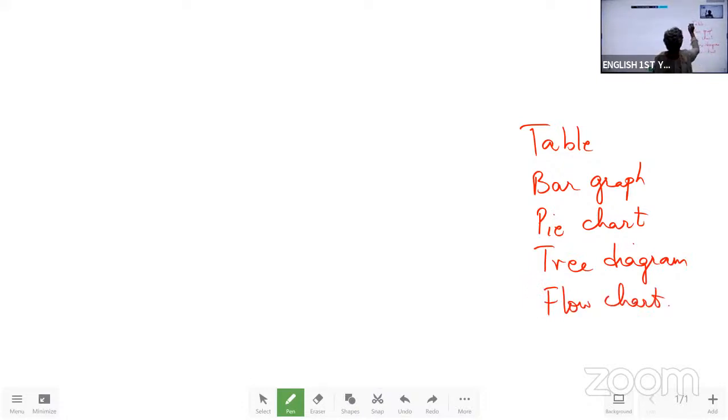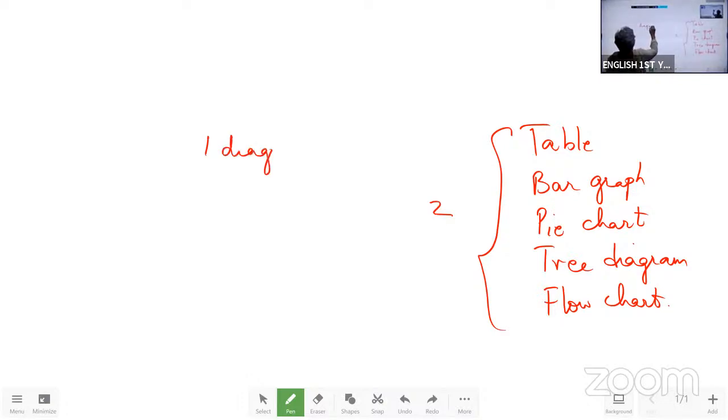Out of these 5, we get a choice of 2. One comes as a diagram to be converted to text, and one text to be converted to diagram.